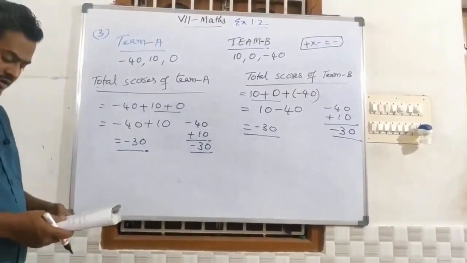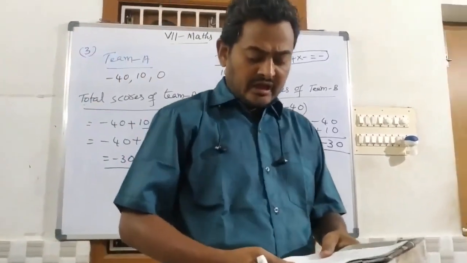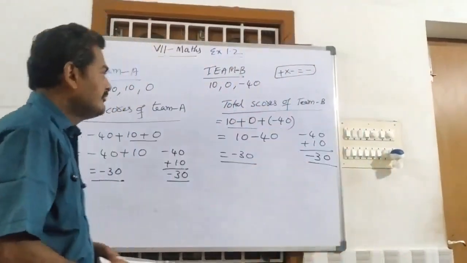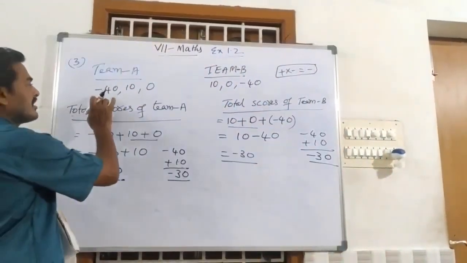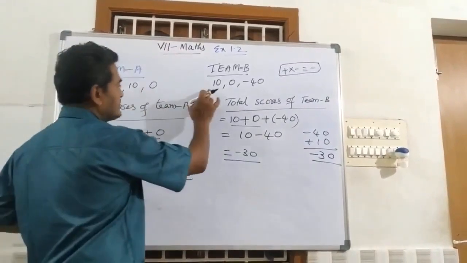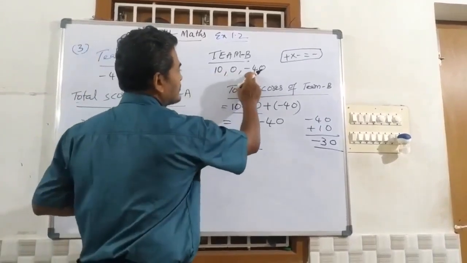In this question, what they are asking finally is, can we add integers in any order? See, if we add the integers, here minus 40, 10, 0 is one order, and the numbers are the same, but the order is different: 10, 0, minus 40.